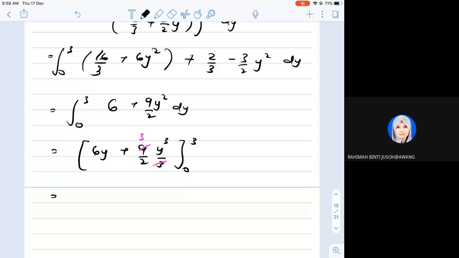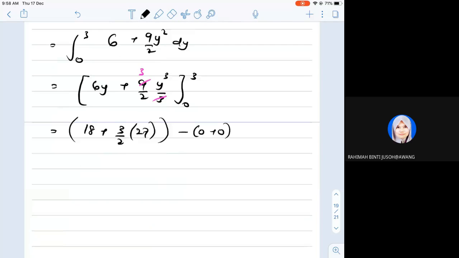So 6y becomes 18, plus 3 over 2 times 27, minus 0, so 0 plus 0. So 18 plus 27 times 3 over 2, should be 81 over 2.